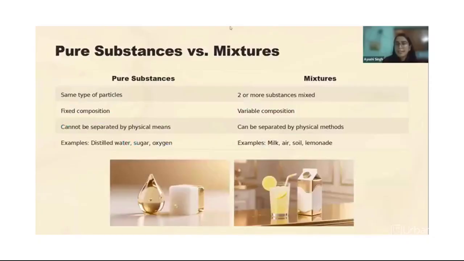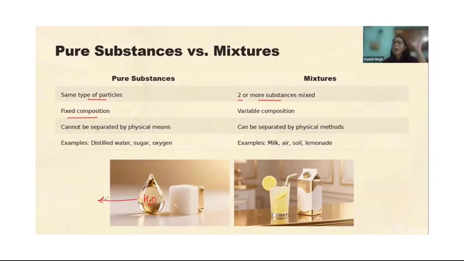Pure substances, like I already told you, have the same type of particle, whereas mixtures have two or more substances mixed together. Then, pure substances have a fixed composition. What do we mean by that? For example, let's take water, H2O. It has a fixed composition.